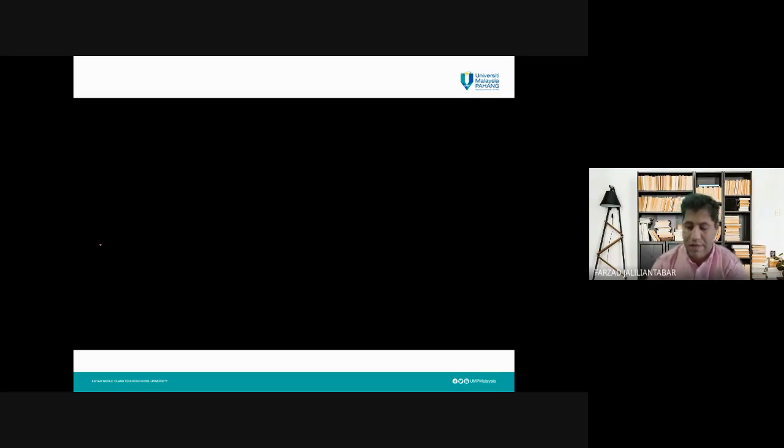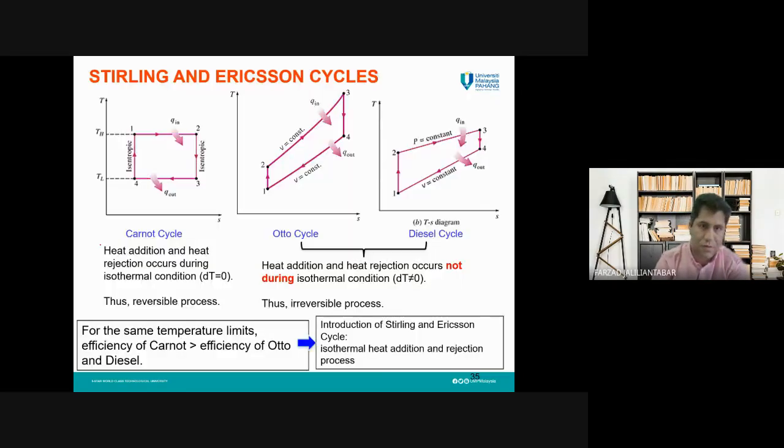These two, the Stirling and Ericsson cycles, are two types of gas power cycles which are not as common as the Otto and diesel cycles, and also the other gas power cycle which I will introduce, the Brayton cycle.